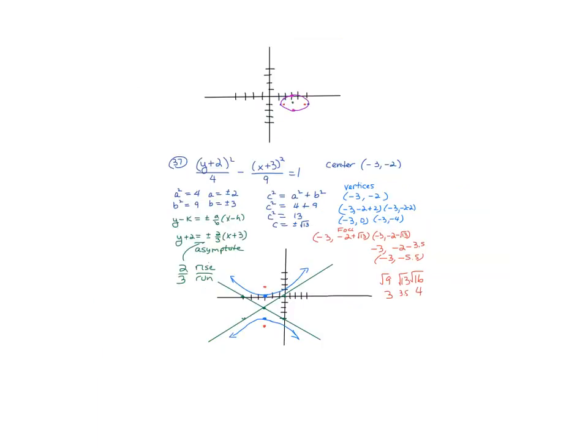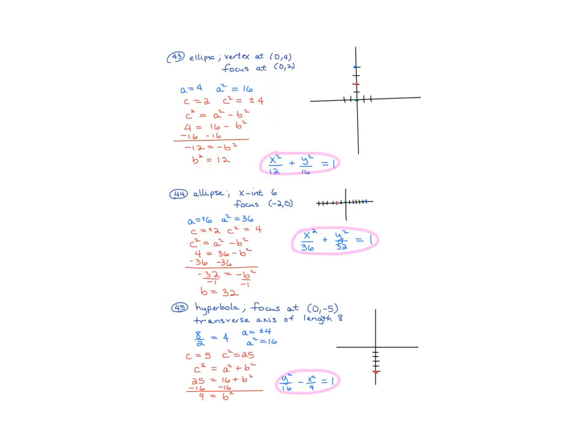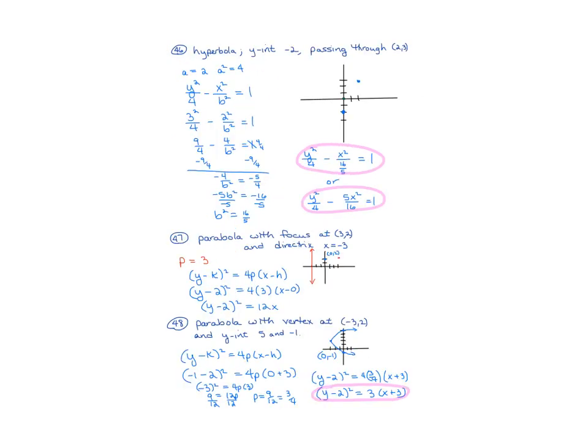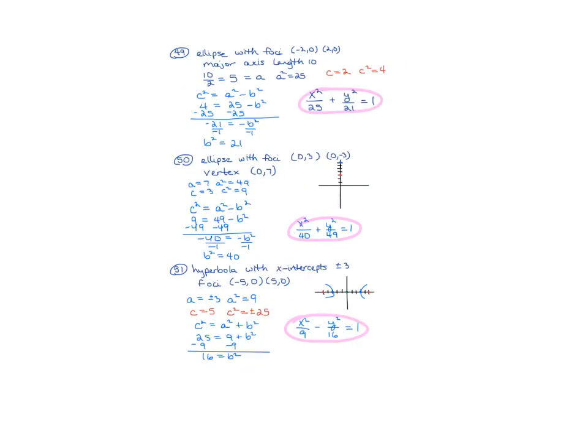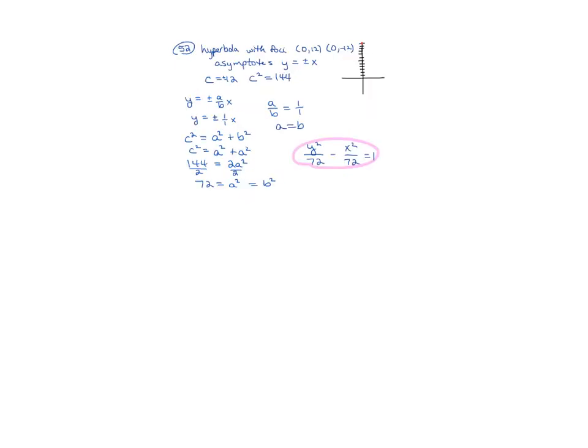Here, these are all the work. Again, it's in the module. It's the last thing in the module. Let's see. So you'll be given equations and asked to find components of them, like find a vertex or a focus.